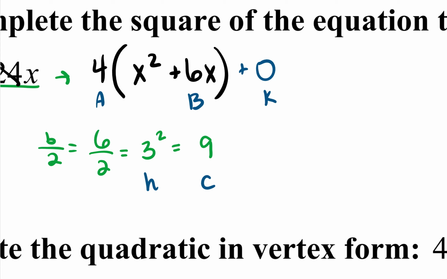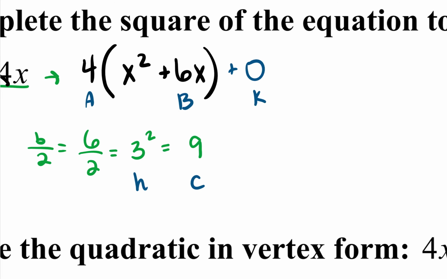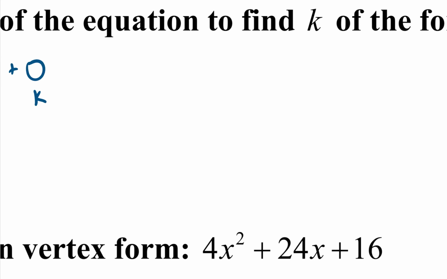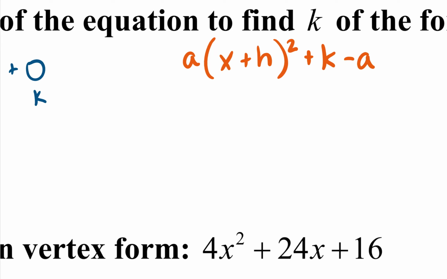Now, I'm going to plug all of this into a formula that I use. The formula that I have come up with is a(x plus h) squared plus k minus a times c. Or if you want to do parentheses or just AC, whatever you want to do, just know that it's multiplying. Alright, so I'm going to plug all this stuff in.